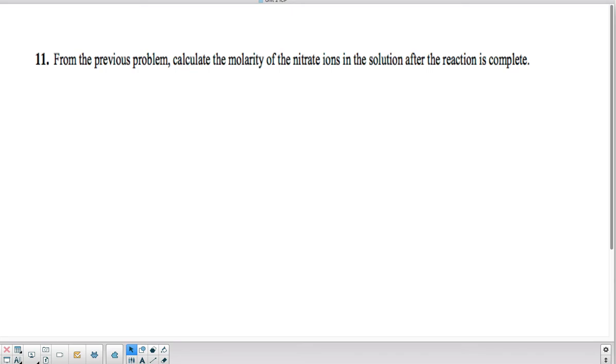How do I figure that out just in the FeNO3? Look it up. It's 0.250 molar FeNO3. So what would be the nitrate ion concentration? For every one of those, I have 3 nitrates, so it would be 3 times that, right?